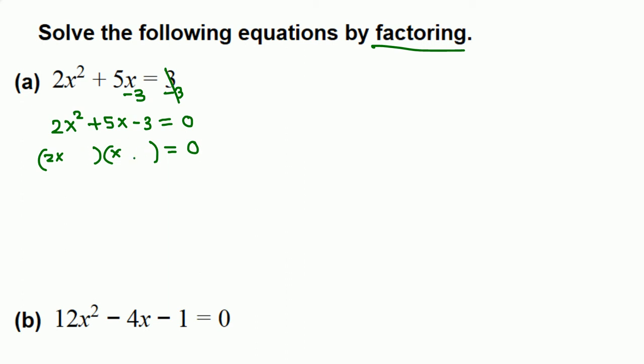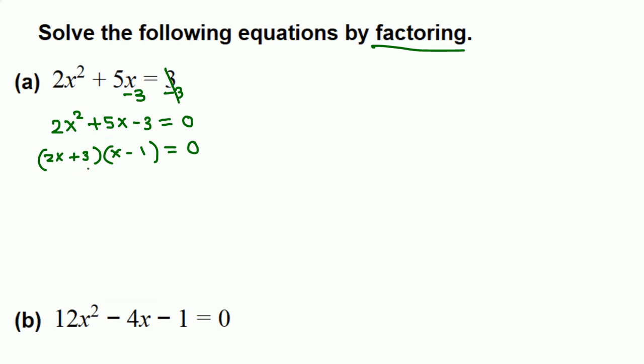So we need to play with that, and at the same time we have to get plus 5x in the middle. To get negative 3, one of them should be negative and the other positive. We are sure about the first and last terms, but I'm not sure about the middle term.